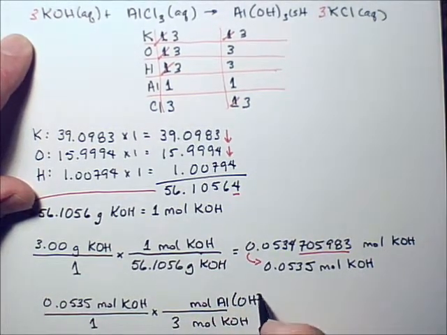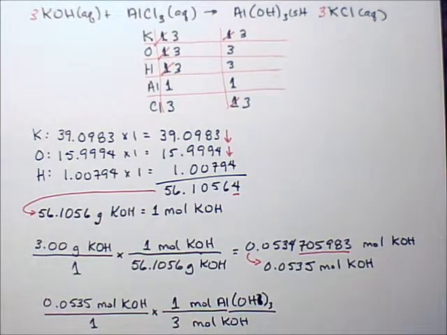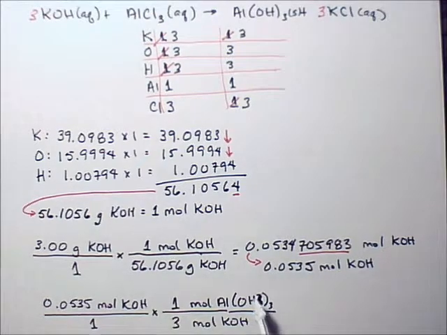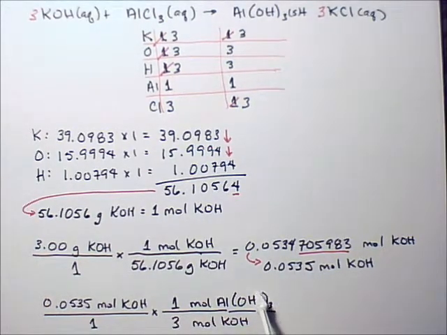And how many aluminum hydroxides do I need? 1. I'm sorry, I made a little squiggly thing here. That was a little marking error on my part. I'm so sorry.